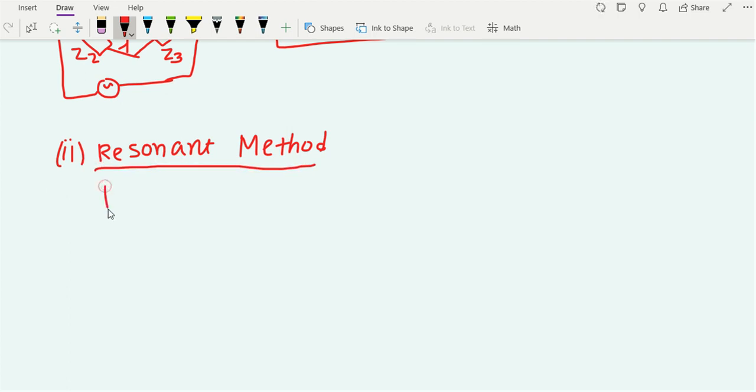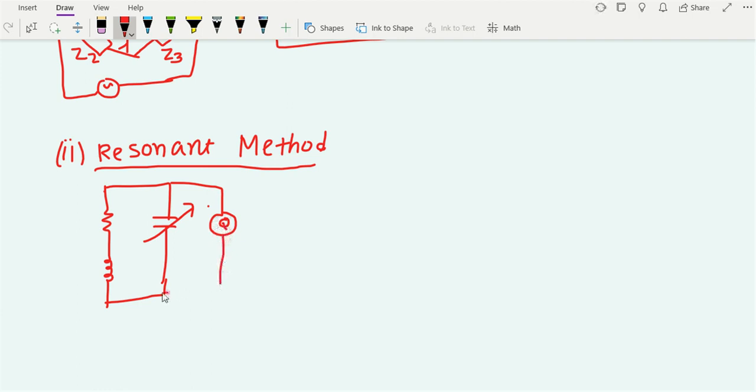Here there will be one R, one L, and a tuning capacitor, so that you can vary the capacitor. This is used to measure the circuit Q value. You can call this the Q meter, and you can connect the voltage source here.